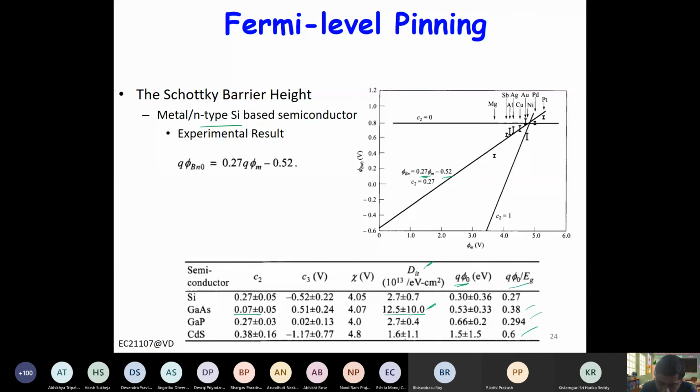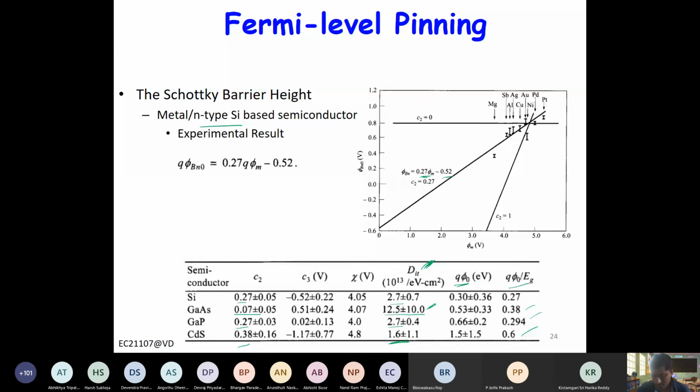Then if you see, it is smallest here for CdS around 1.6, and it is almost equal for gallium phosphide and silicon, and their value is basically around 0.27 for these two and 0.38 for CdS. So if you reduce the interface states, then C2 will increase, and if you increase the density of interface states, the C2 will reduce to 0.